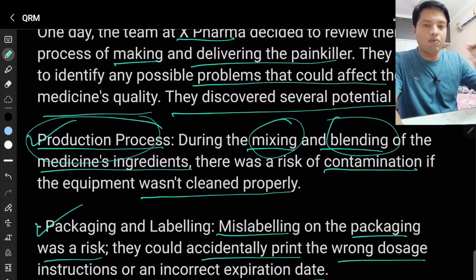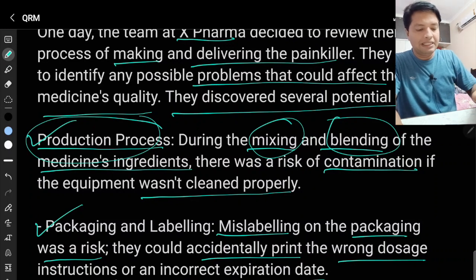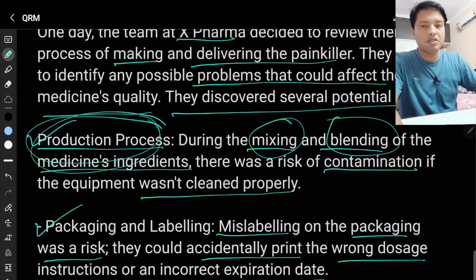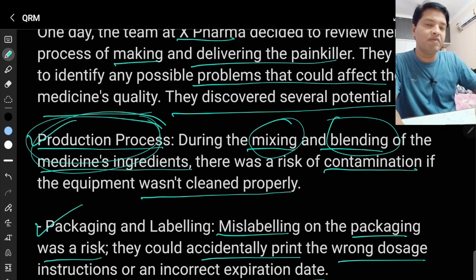Let's take one risk and see what quality risk management is. We'll take the production process risk. What is the risk we saw in the production process? While we go for blending or mixing, if the equipment is not cleaned properly after the previous drug, let's say one batch is made up of paracetamol and another batch we need to make is diclofenac.